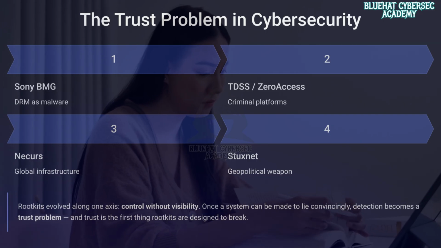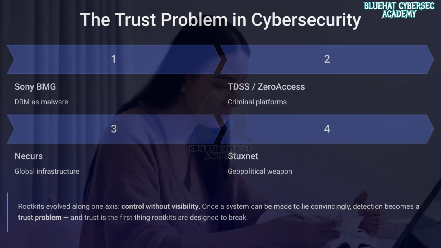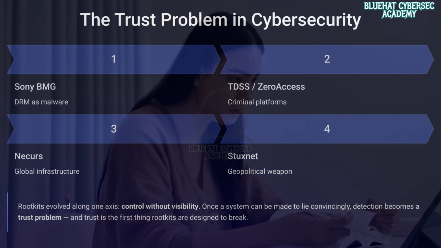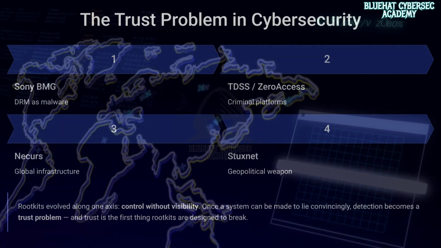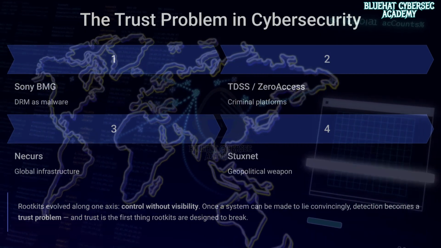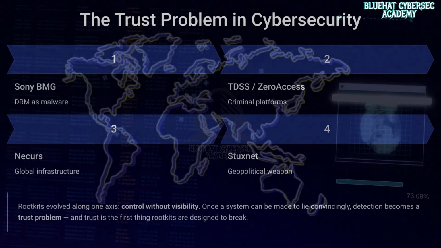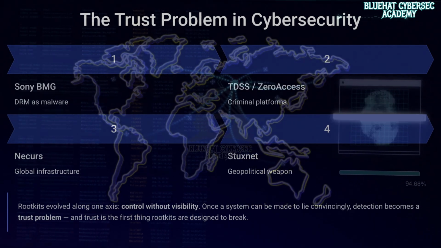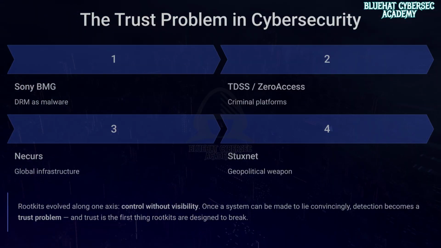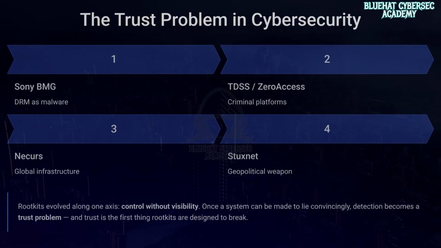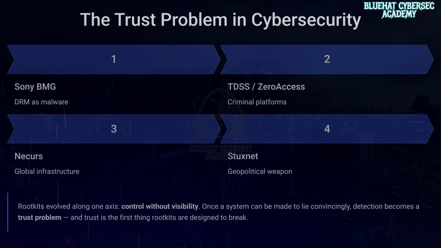Now let's bring everything together into a final insight, because this is the part that really matters. If you look at all these cases, from the Sony BMG controversy, to TDSS and Alureon, to ZeroAccess, to Necurs, and finally to Stuxnet, you start to see a consistent pattern. Rootkits evolved along a single axis: control without visibility.